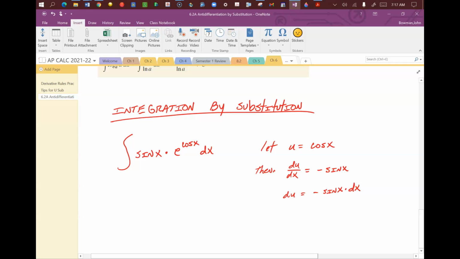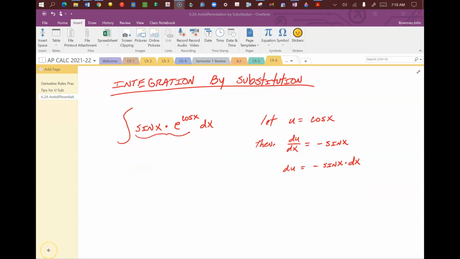What we're trying to do is write our original integrand, sine x times e to the cosine x, in terms of the variable u. To make that a little bit easier, I'm simply going to rearrange the order of the integrand and write it as e to the cosine of x times sine of x dx.